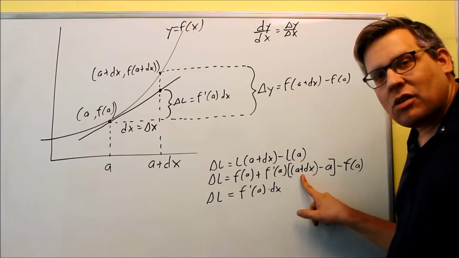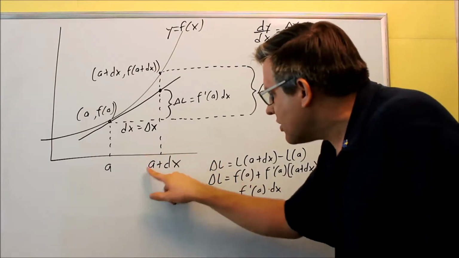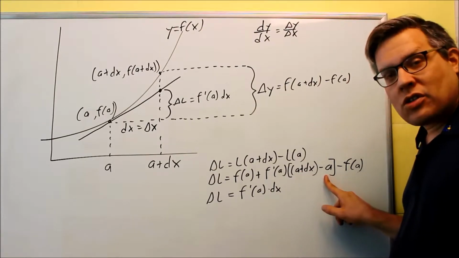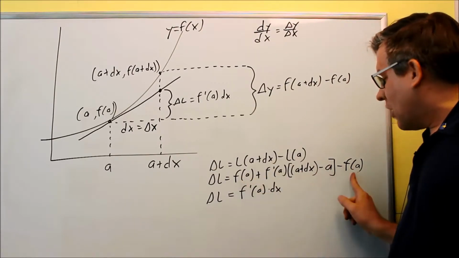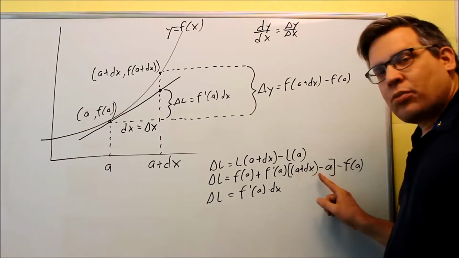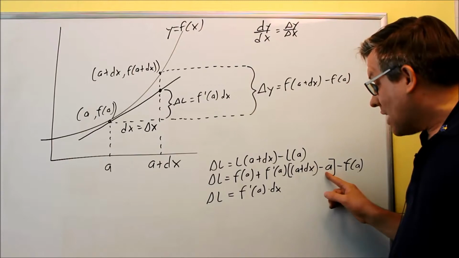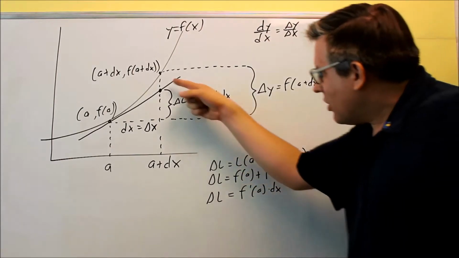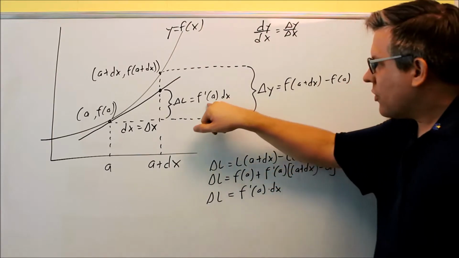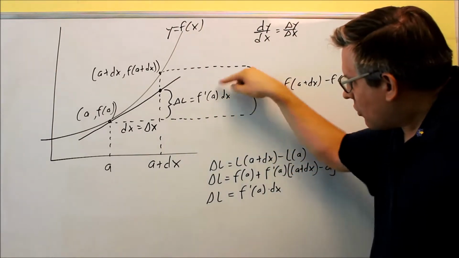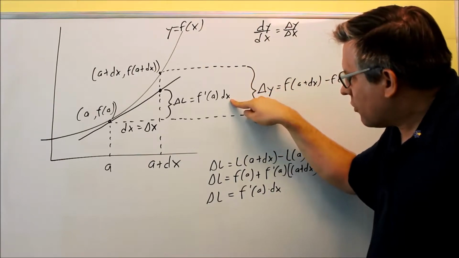What's the x value? The x value we're using here is a plus dx. So that's x minus a in the linearization formula. f of a and f of a, they're going to cancel out here. And then when you simplify the part inside the brackets here, the a's cancel and you get dx. So we're saying that the change in L here is your derivative at a, times the little increment amount, the small little dx that comes afterwards.